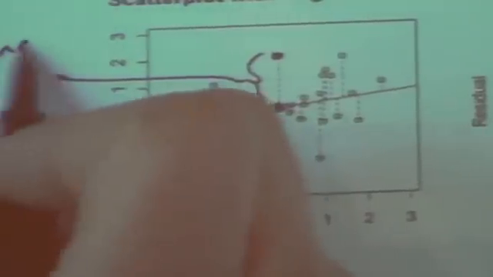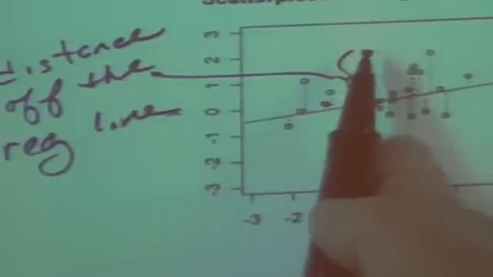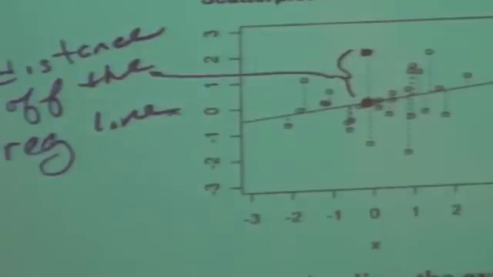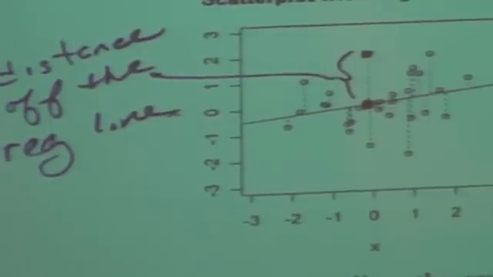Okay? That's the size of the prediction error. It's the distance off the regression line. And if it's above, it's positive, and if it's below, it's negative. That's all it is. Okay?